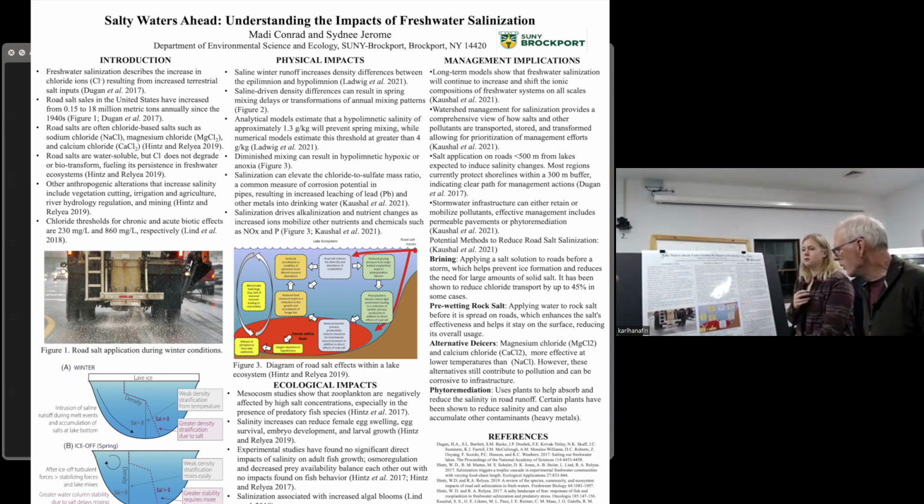Other legacy nutrients that might be in the system can bond with some of the ions released when salt goes into water, and cause these chemical cocktails, as a lot of the papers have referred to them, that are released into the system and harm the biota in other ways rather than salt directly. So there's a lot of issues with this dense saline layer down here.